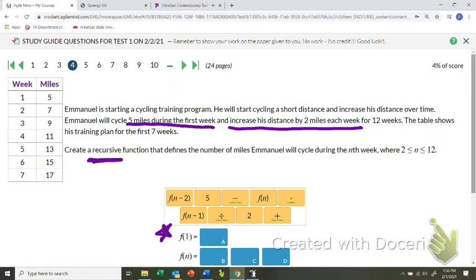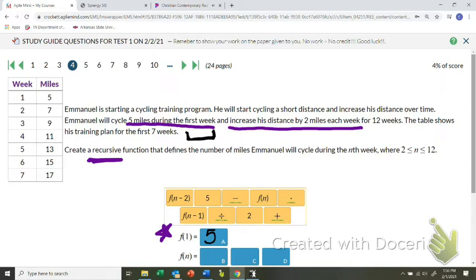So look for 1 on the x column. What does it say the y is? 5. That is because f of 1 means the first term, and it tells us right here 5 miles during the first week. Okay? Now, we have to write a recursive function.